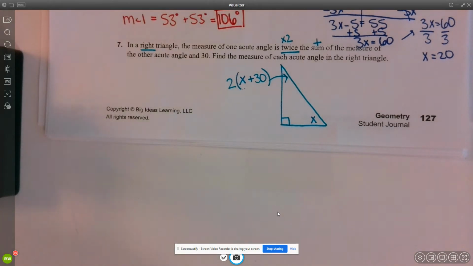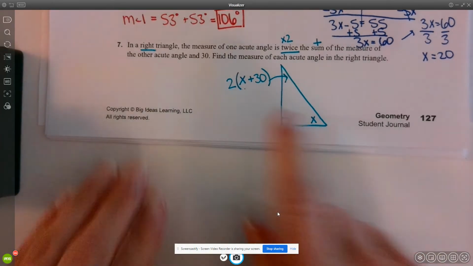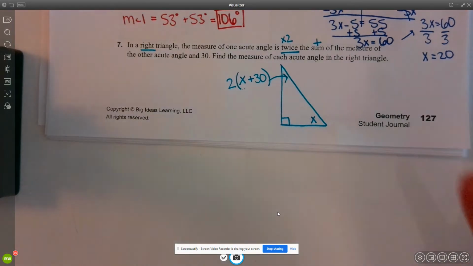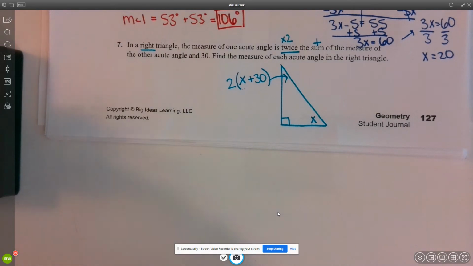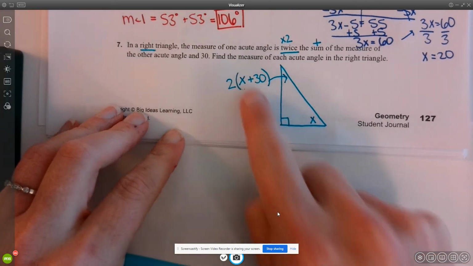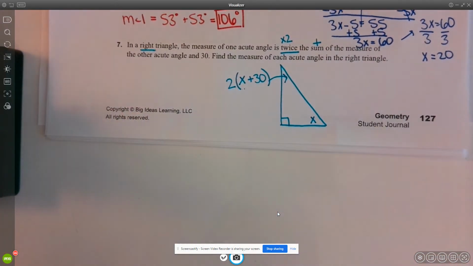So now we're ready to try to find the value of x, right? In order to find these angle measures, I need to solve for x, which means I have to come up with an equation. So I have to look at my picture and decide, what do I know about this triangle to help me set up an equation? Well, I have values or expressions for each of the interior angles.